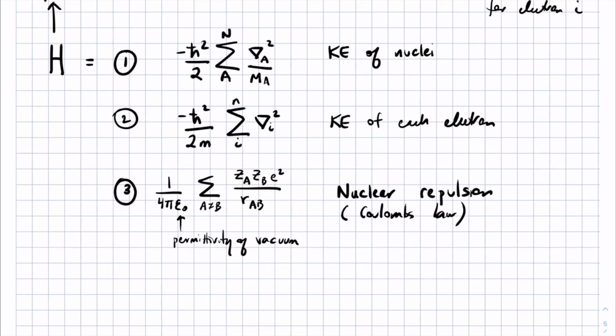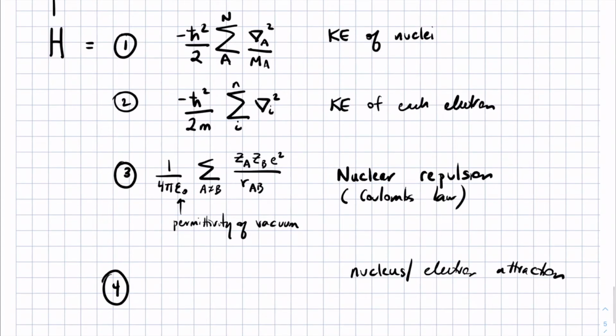Now let's do potential energy for nucleus electron attraction. And this is going to have the same basic form, only it's going to be negative. It's going to be favorable because the charges are opposite. So we're going to do this for each nucleus from A to N and from each electron from I to N or whatever.